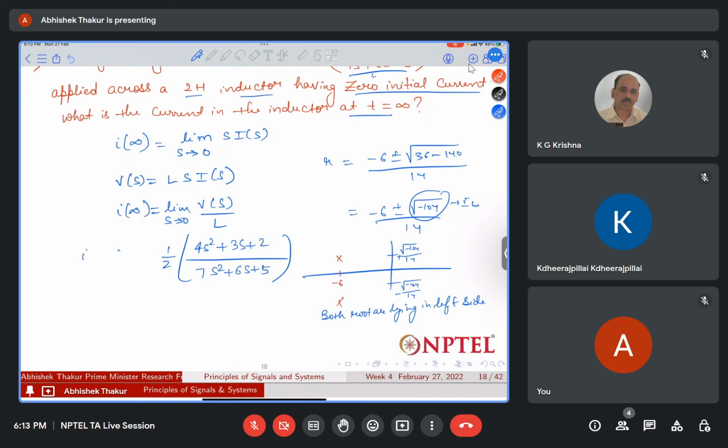So I infinite is equal to 1 by 2 times 2 by 5, that is 1 by 5 ampere at t equal to infinite. On this concept, there can be a very tough question in network theory.